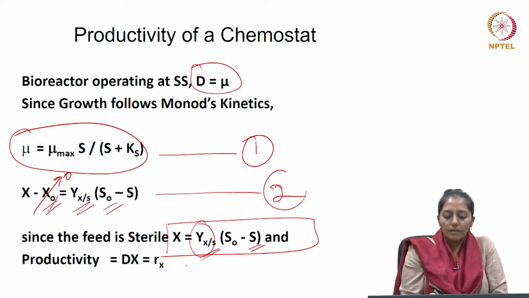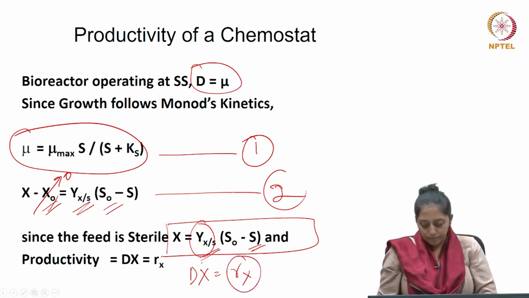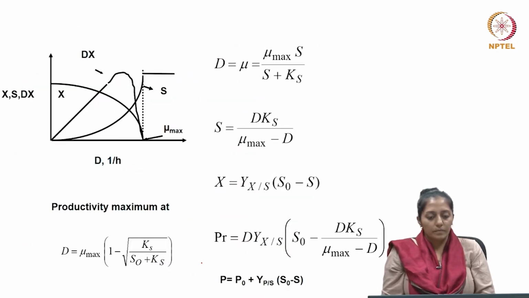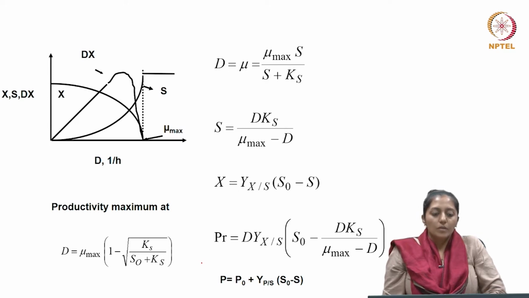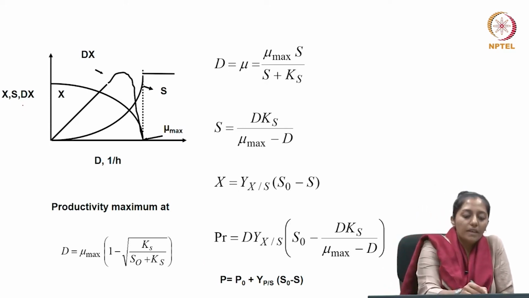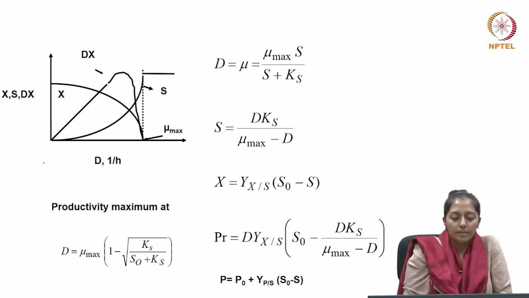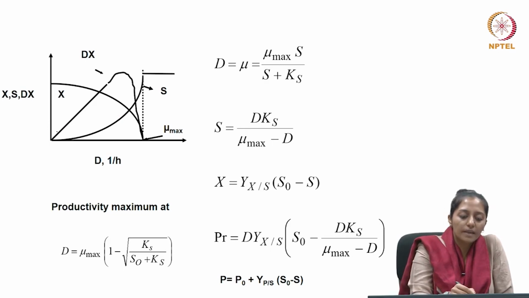So, then the productivity, which is volumetric productivity, can be given as D times X, which is nothing but your dx by dt or your Rx. So, if you make a plot of Dx, x or s versus D, how will it look like? It will look like as shown on the slide.